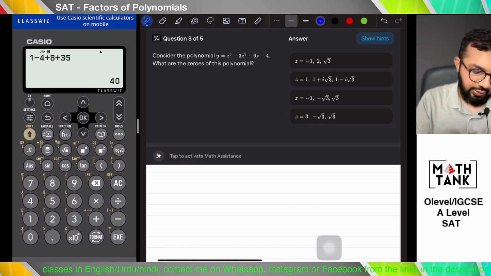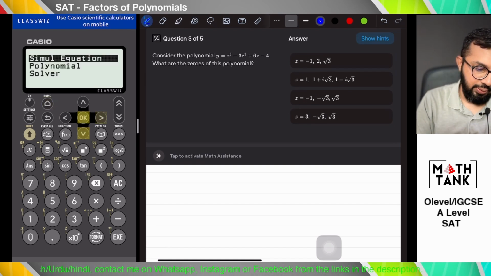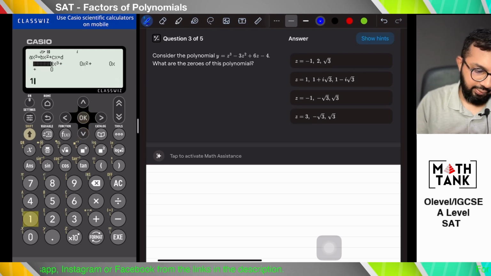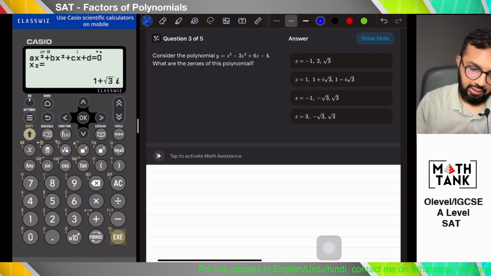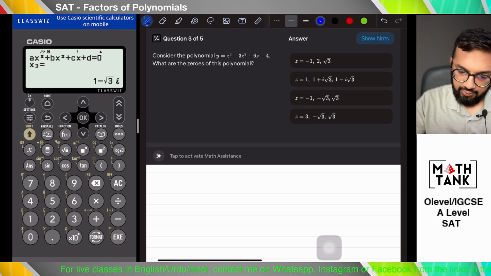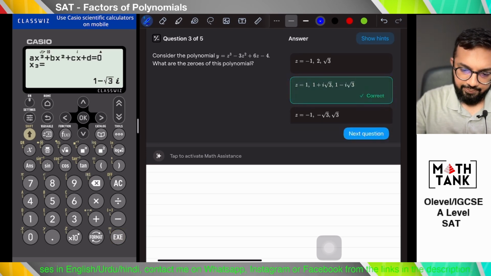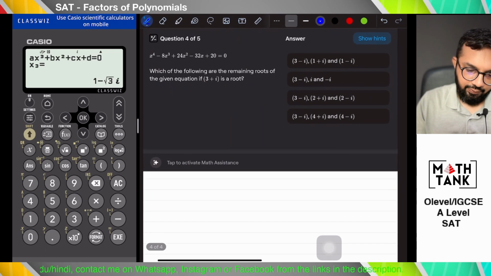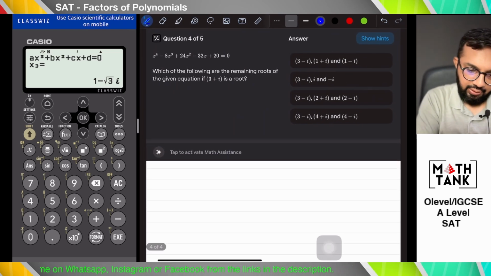What are the zeros of the polynomial? Let's quickly go on and do that. 1 and 1 plus i root 3 and 1 minus i root 3. I think that should be the correct answer. Question 4. Which of the following are the remaining roots of the equation if 3 plus i is a root?